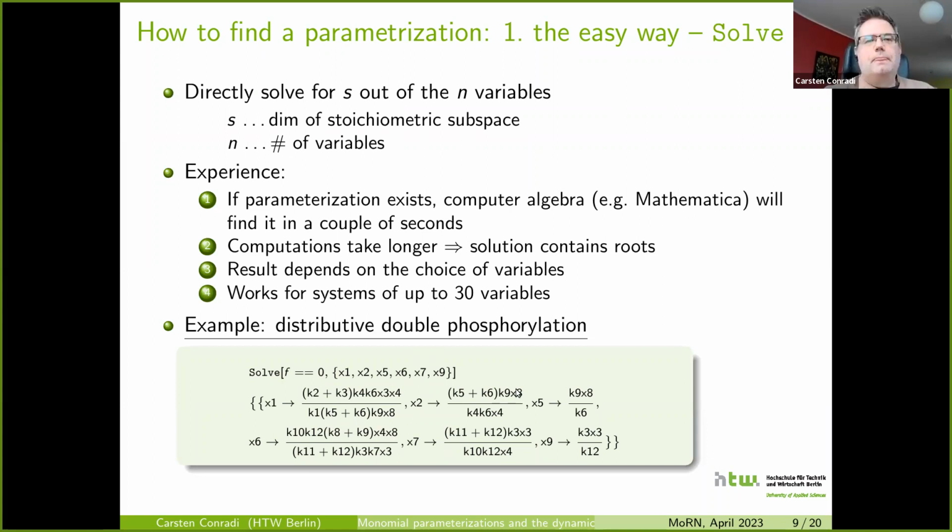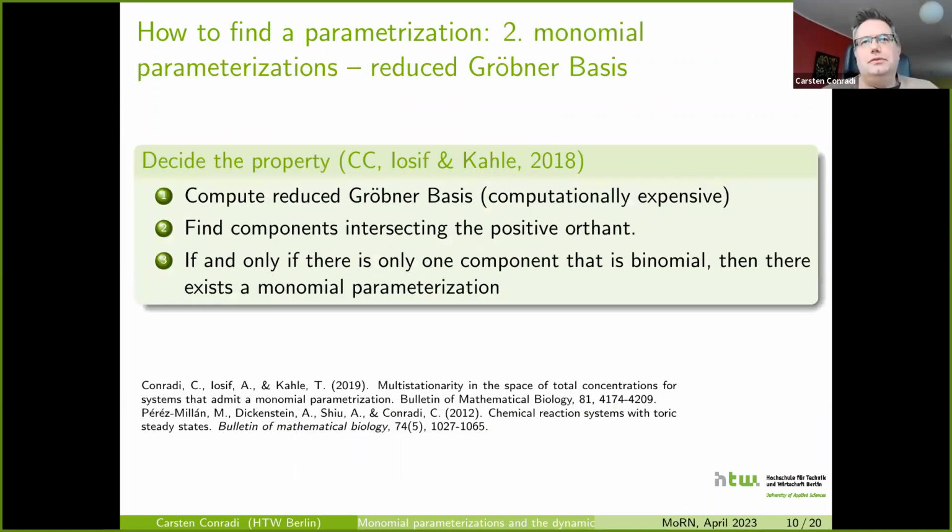In the case that you don't find one, and it might not exist, and you want to prove it, one way to prove that there is no such parameterization is to compute a reduced Gröbner basis, because a monomial parameterization exists if and only if this reduced Gröbner basis satisfies certain conditions. Basically, we compute the Gröbner basis and look at its components.